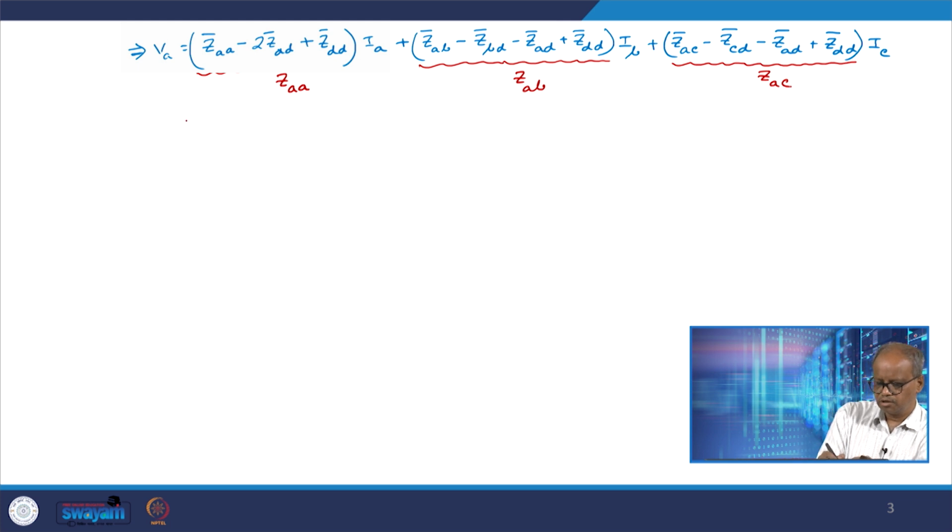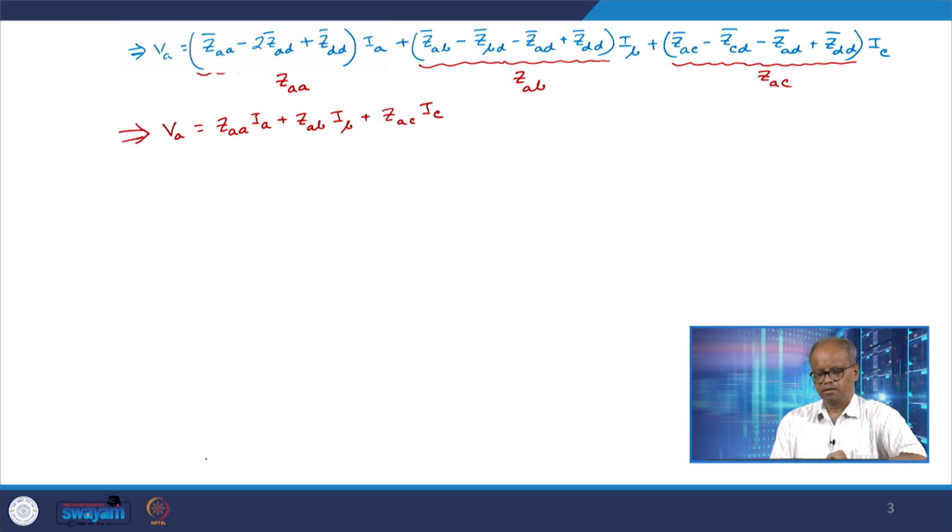So then therefore, this equation now becomes VA equal to ZAA into IA plus ZAB into IB plus ZAC into IC. Where ZAA is this, ZAB is this, and ZAC is this. So we have already defined it, so we are not writing it.